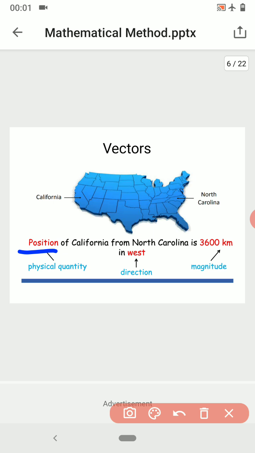They have given you the position of California from North Carolina as 3600 kilometer in west. So you require the unit, magnitude as well as the direction.